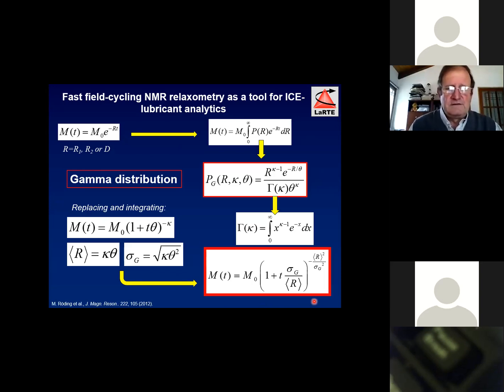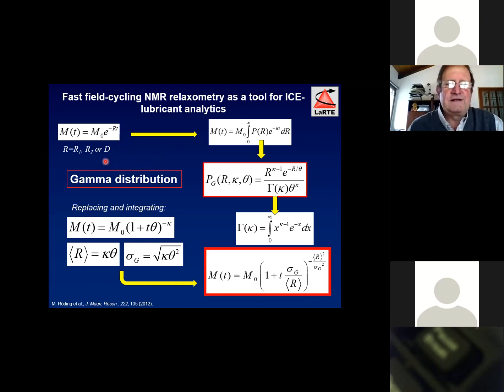Then there is a work in 2012 by Reding and other people that analyzed the possibility of the gamma distribution. They were pointing mainly to diffusion, but this can also be used in relaxation. It's the same.